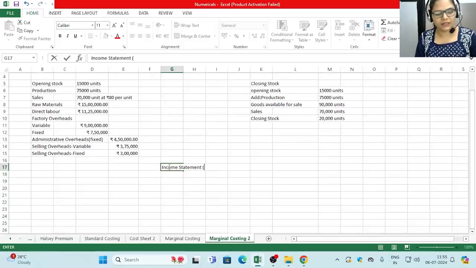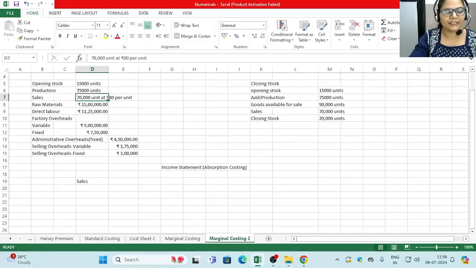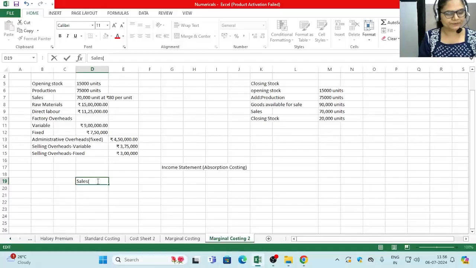Income statement under absorption costing. First of all, let's make the income statement. We will record sales. Sales are 70,000 units at the rate of rupees 80 per unit. So we will have 56 lakh, that is 70,000 multiplied by 80.